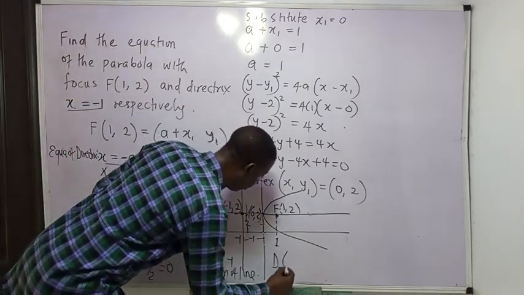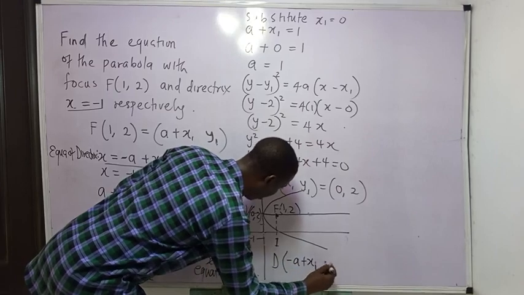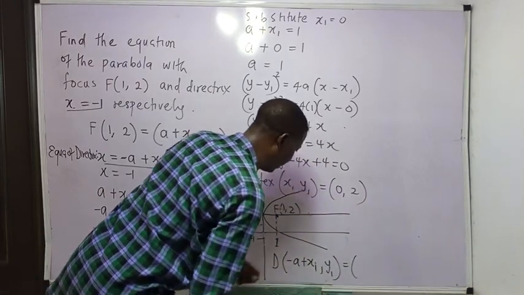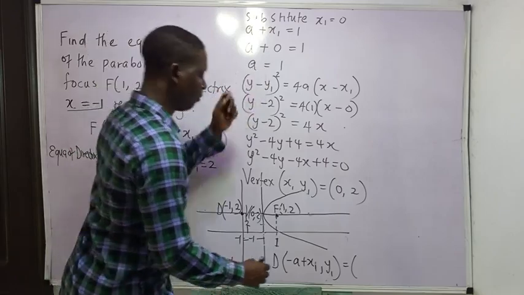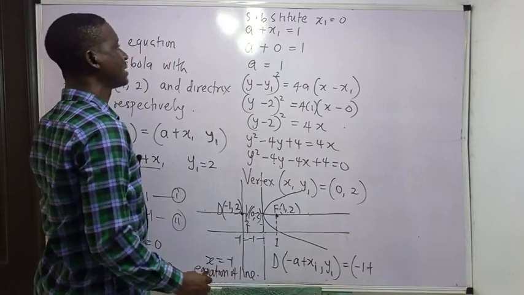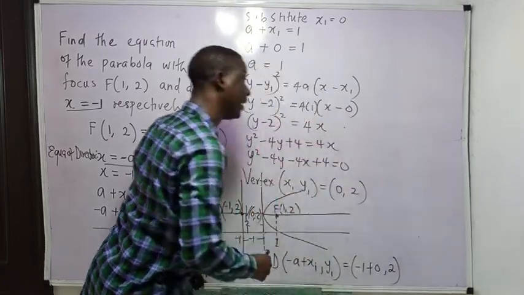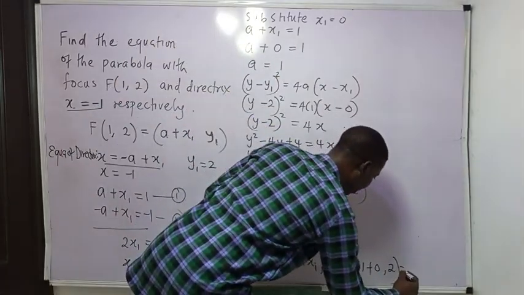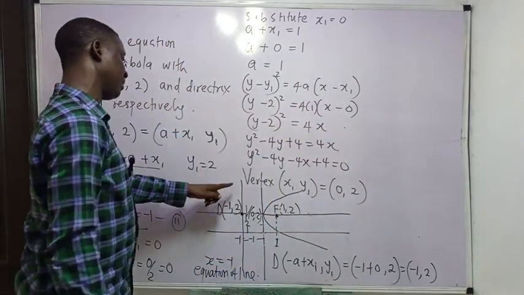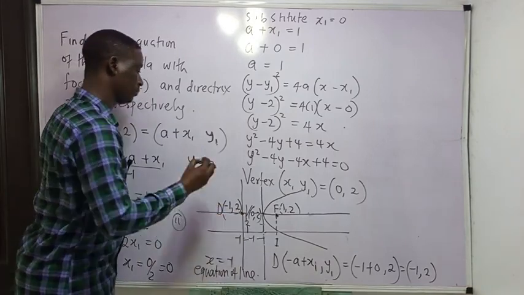Or use the formula minus a plus x1, y1, which I gave you before. Put -a, where a is 1: -1 plus our x, which is 0, comma our y, which is 2. You can use the formula directly to get it. That gives us -1, 2, which is the same as this point here.